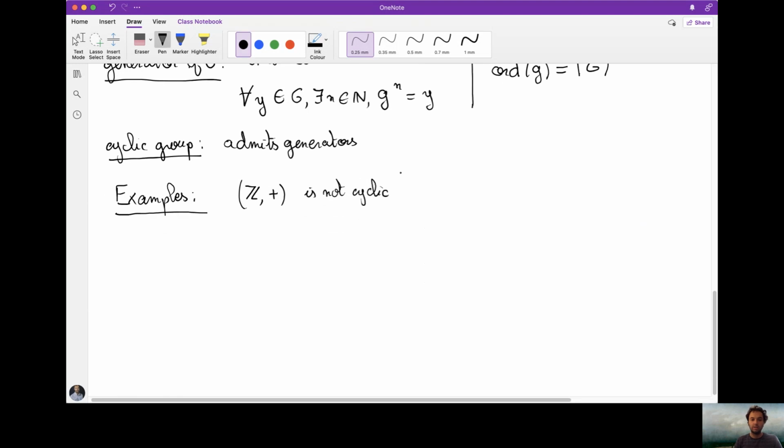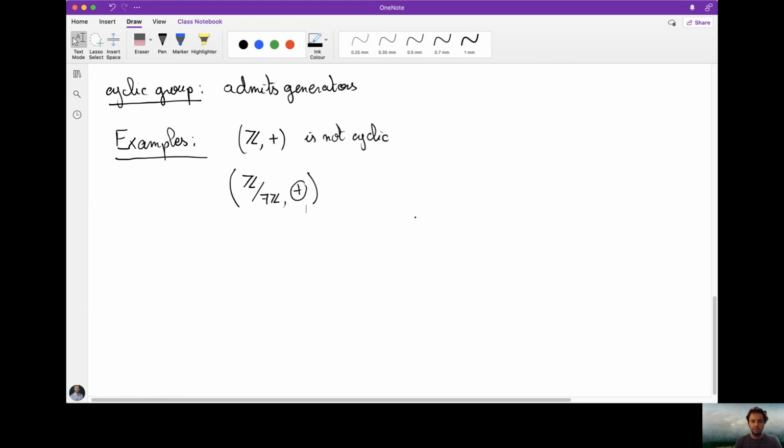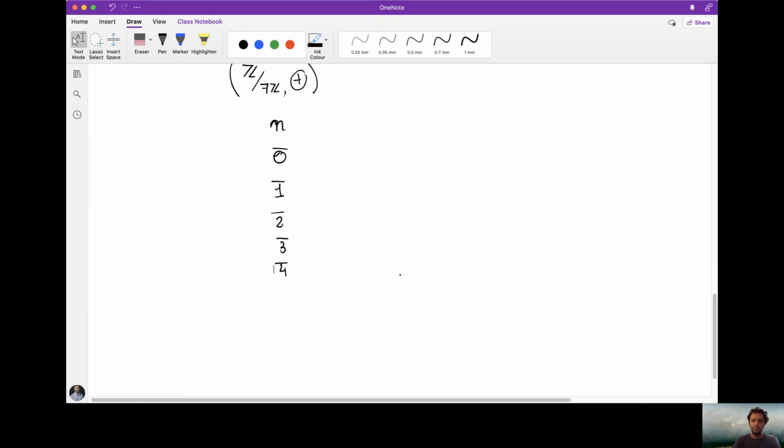Let us look at a second example. If we work modulo 7, and we consider this with addition. So in this group, let's be completely explicit. We're going to study the different elements: 0, 1, 2, 3, 4, 5, and 6.